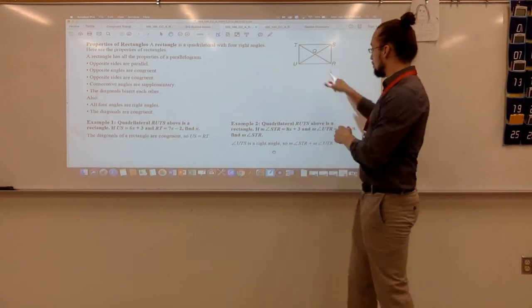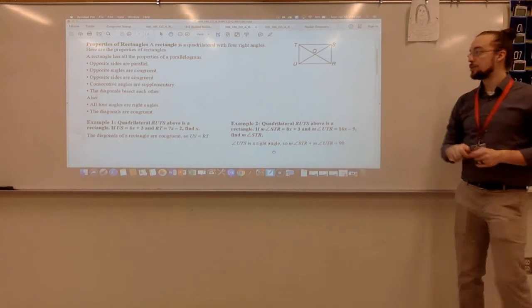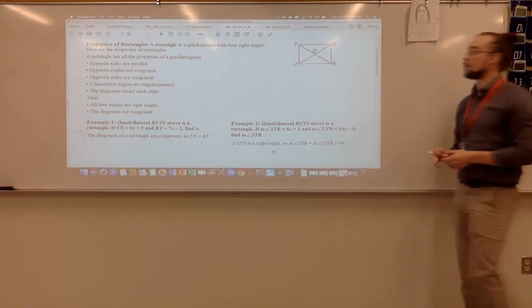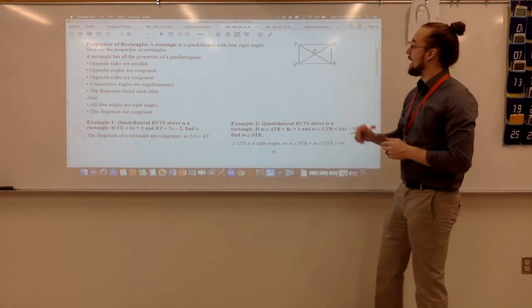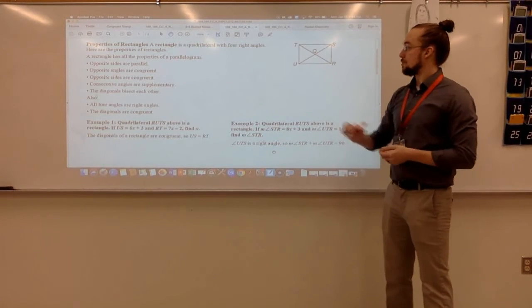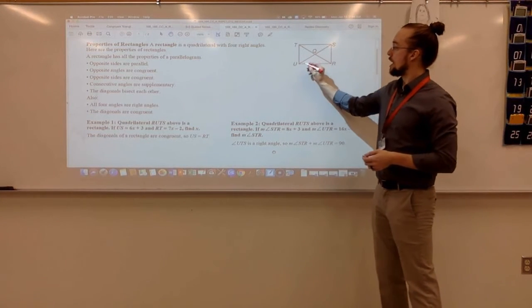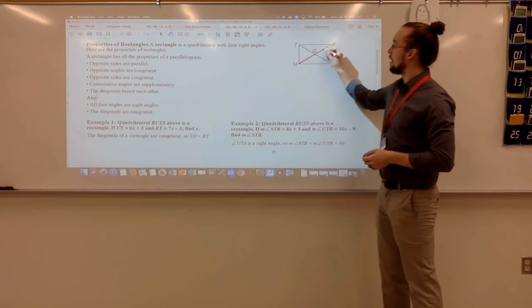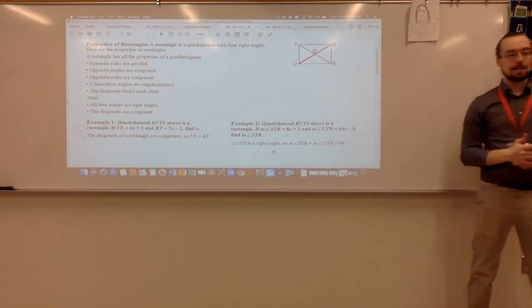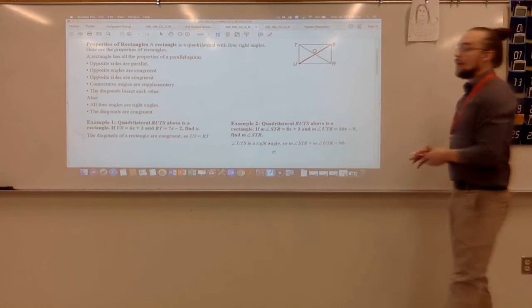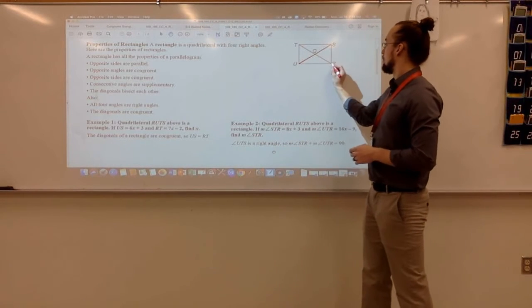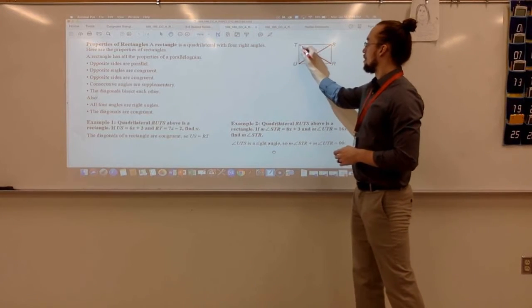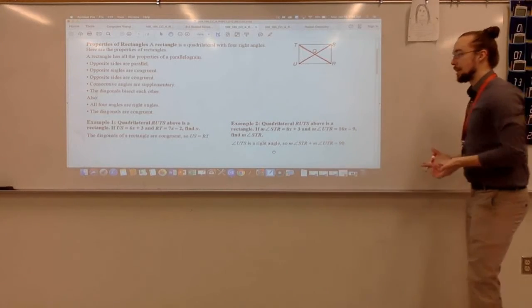We've got 2 examples dealing with this picture up here, quadrilateral RUTS. It says this is a rectangle, and US, which is this diagonal. Remember, a diagonal is just a line that connects non-consecutive vertices. So this is 6x plus 3, and then RT, the other diagonal, is 7x minus 2.